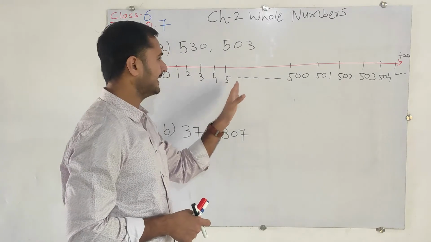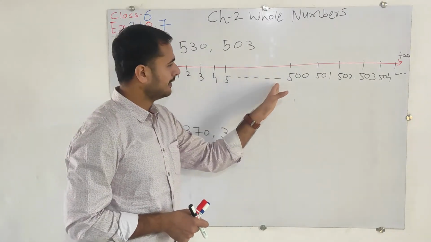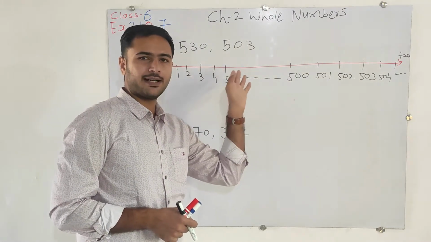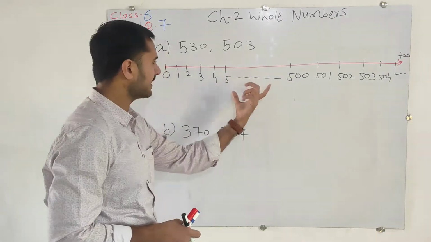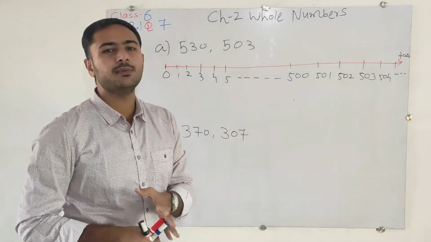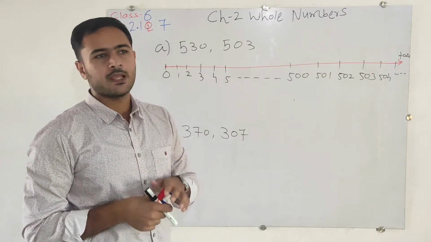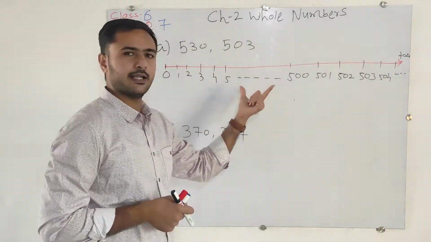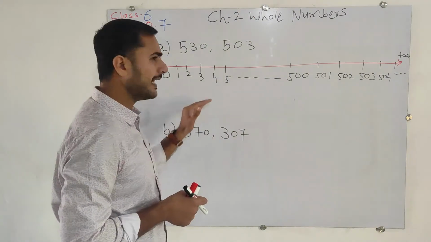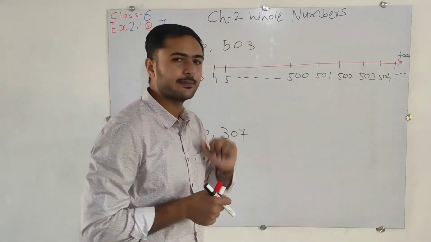After 5 there is 6, 7, 8, 9, 10, and again 400, 401, 402, all the numbers are in between. But we have the limitation of the board, that's why we are showing it by the dashed symbols. It means it is continuous from 5 to 500.